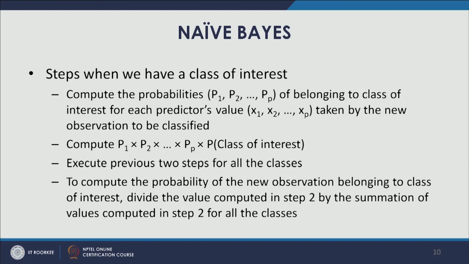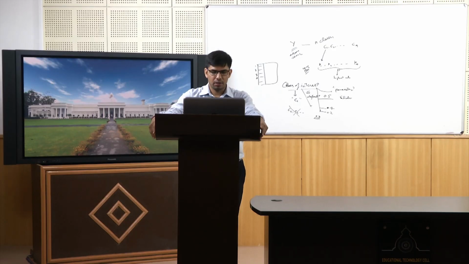This is especially required if we are not just focusing on the numerator and want to compute the Naïve Bayes value for the probabilities. In that case, step number 3 would be required for all the classes.